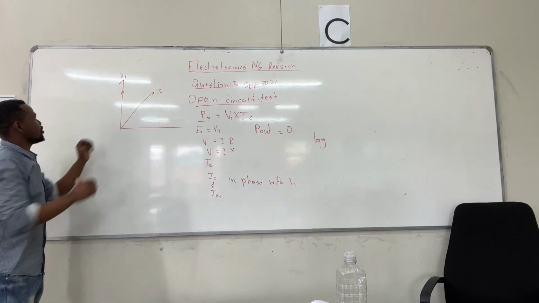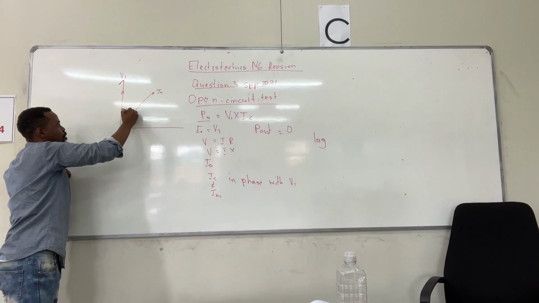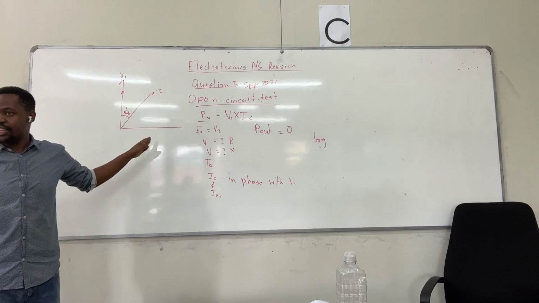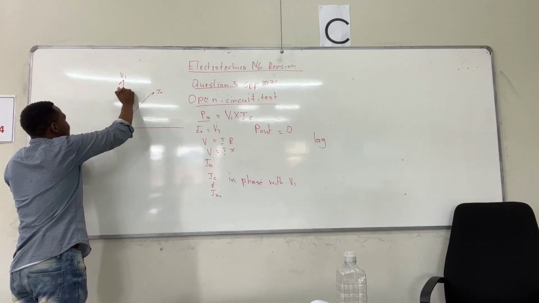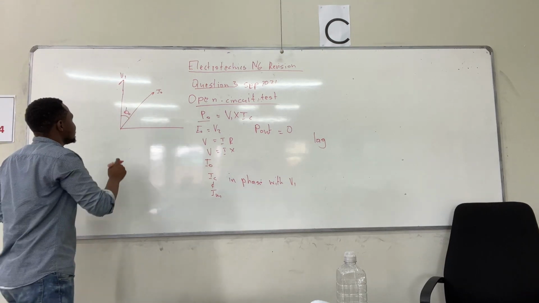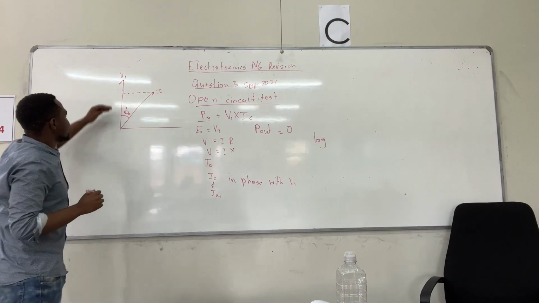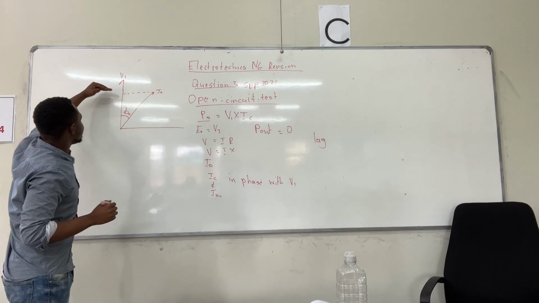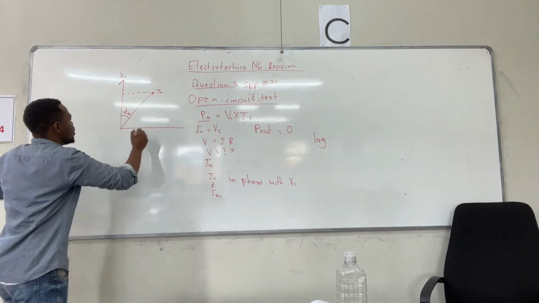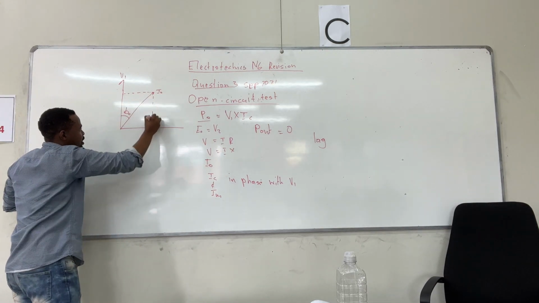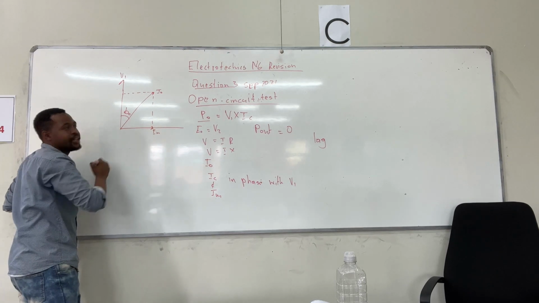I naught is out of phase with the supply voltage by a certain angle, which we call the no load phase angle. I naught has two components. The vertical component is IM.